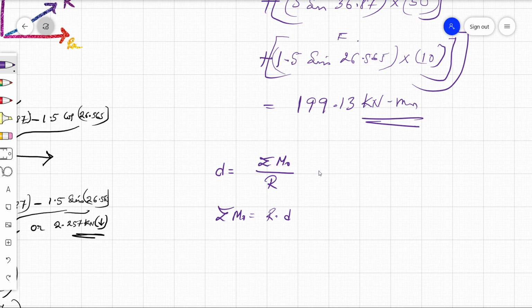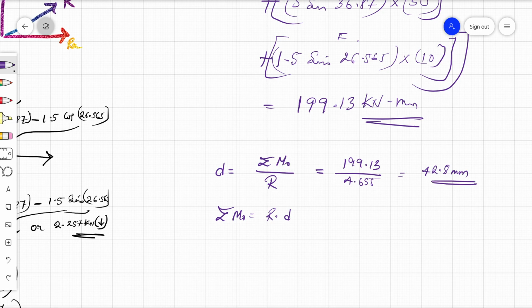So d is equal to summation of M naught divided by R. So this is 199.13 divided by 4.655, which is 42.8 mm.